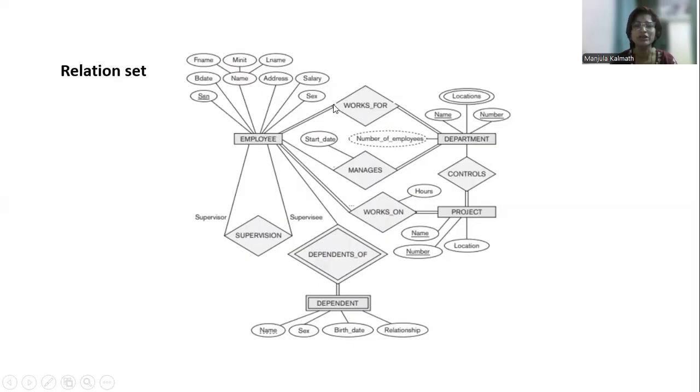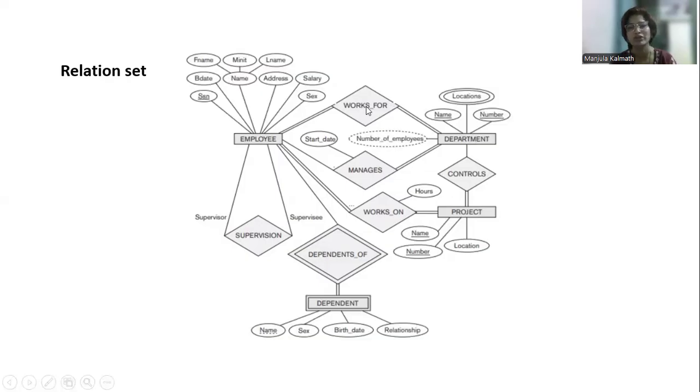This indicates full participation, meaning this entity set is completely participating in the works for relation. Like that, department is also completely participating in this relation. The meaning of this is that all employees work for departments.